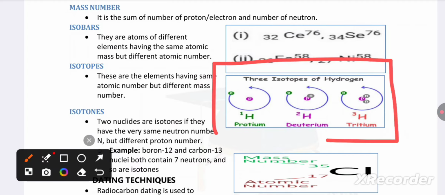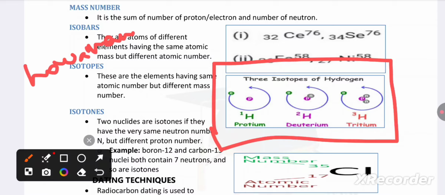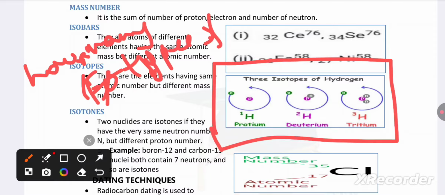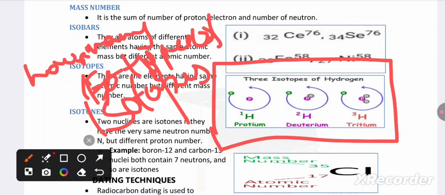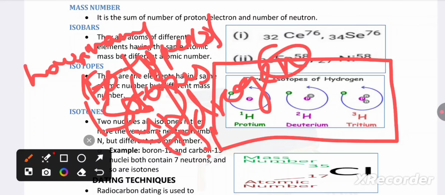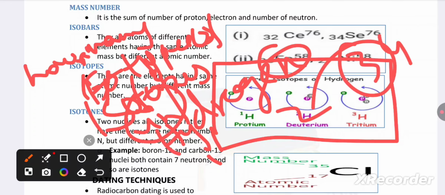There are 3 isotopes of hydrogen. In the question they will ask how many types of isotopes are in hydrogen: 1, 2, 3, 4. You need to choose 3.